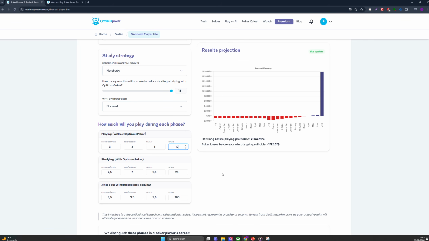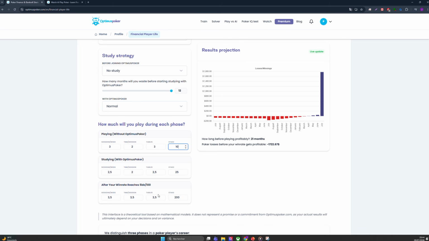You are not learning anything, because the rake is so high at these low stakes that it completely changes the game compared to NL100, NL200, or even higher stakes. So what you would learn at NL2 or NL5, you would have to forget later to learn something new.